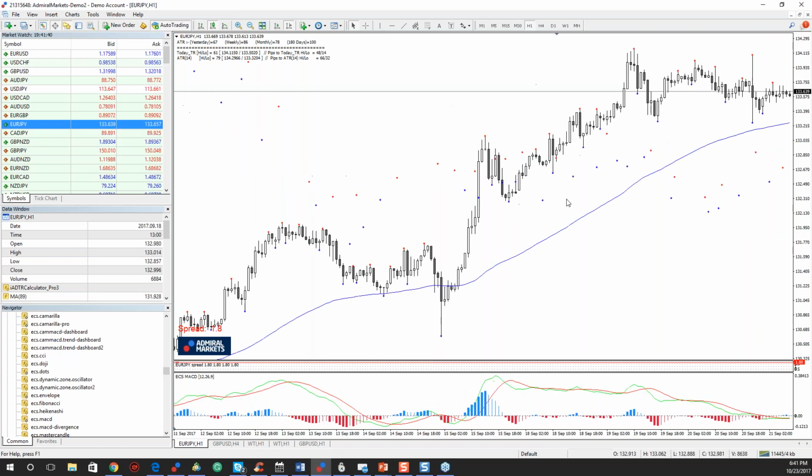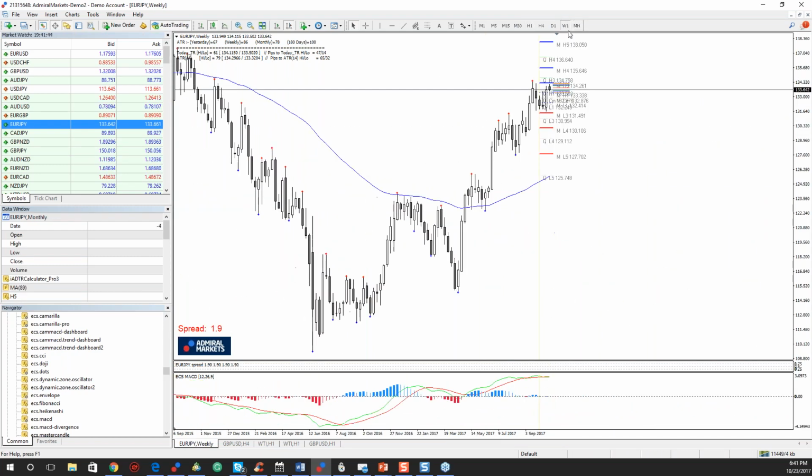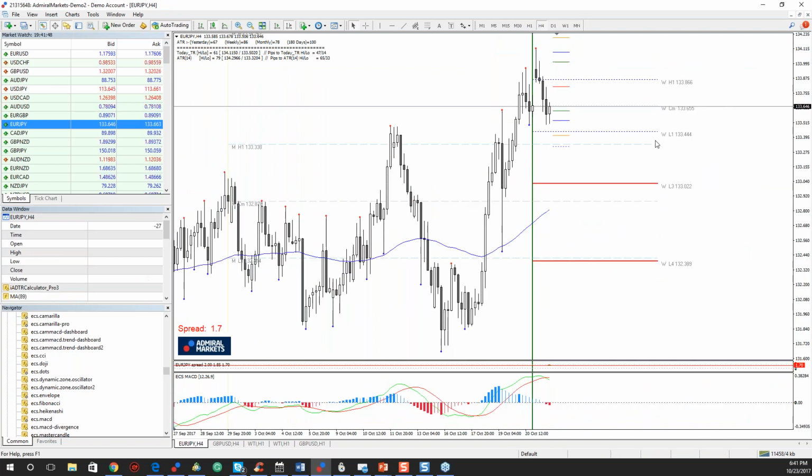Euro yen. Okay, let's see a quick analysis. Yeah, this could start a rejection move from this spot, and I think euro yen is bullish. It could make another small retracement to the downside, but this looks like it could reject to the upside.